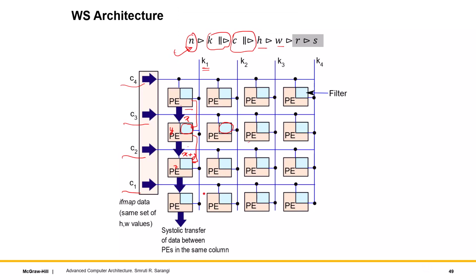So then every output channel over here will correspond to a column and the values will be computed like this and like this. So this is a true systolic computation because the input values are coming row wise, the filters are cached in the local buffers of the respective PEs, and finally an output is being computed.